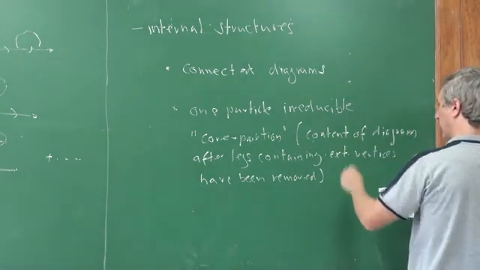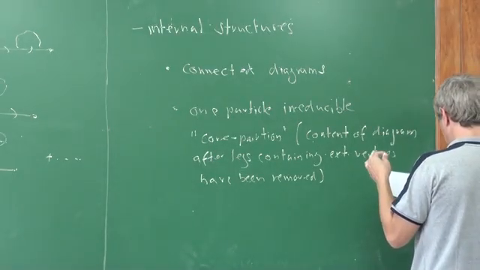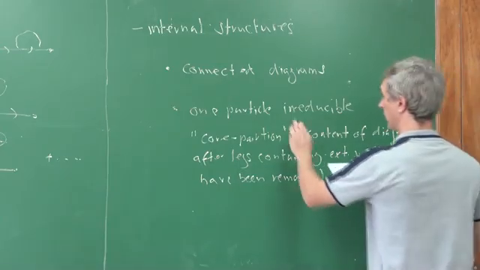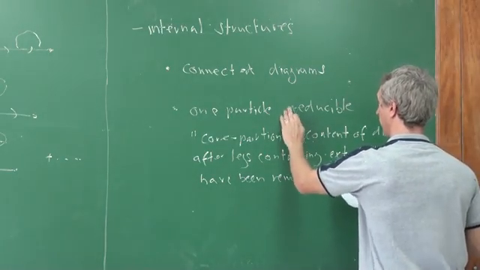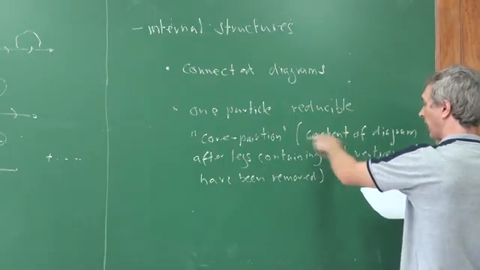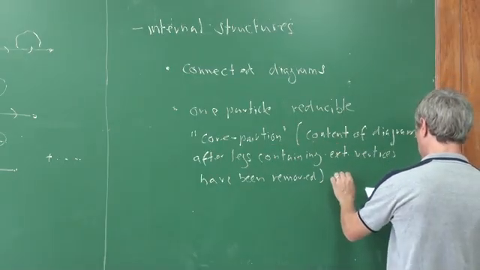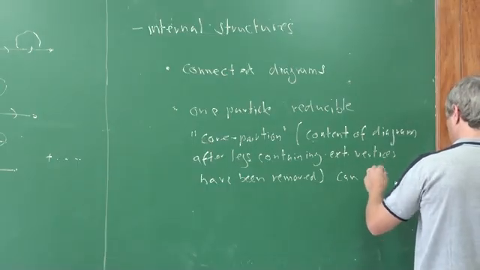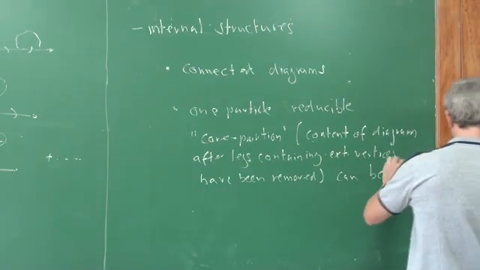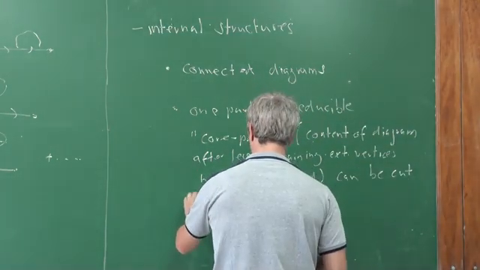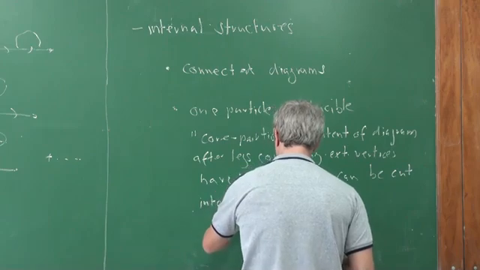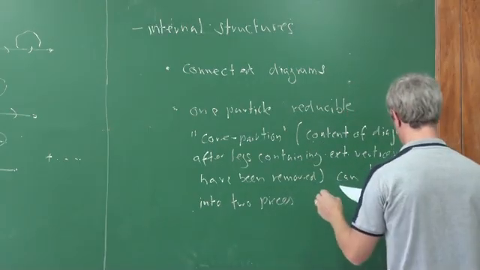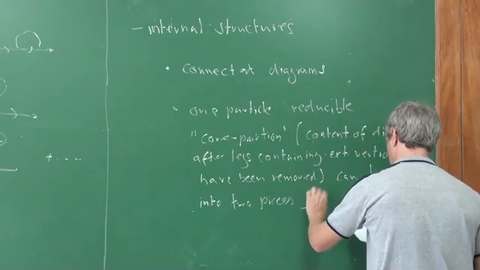So the one particle irreducible are defined, maybe I should first define the one particle reducible. So the one particle reducible are those where the core portion can be cut into two pieces with a single cut, just cutting one line. A single cut.